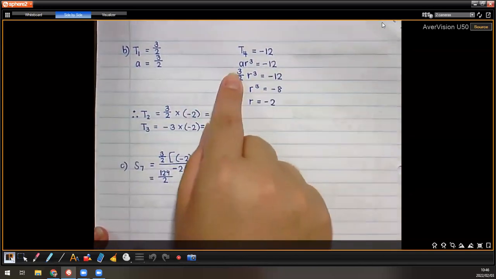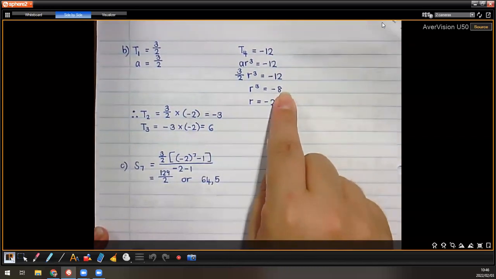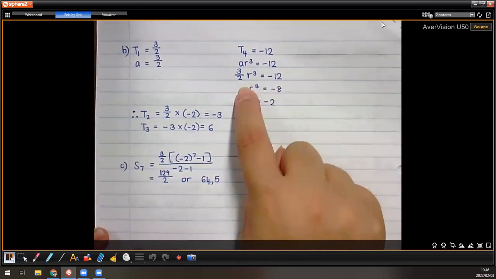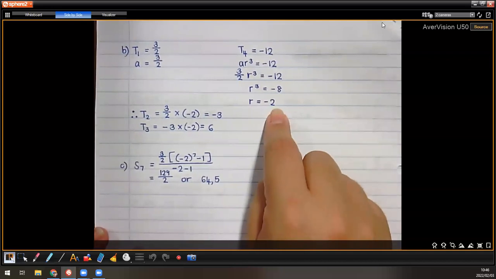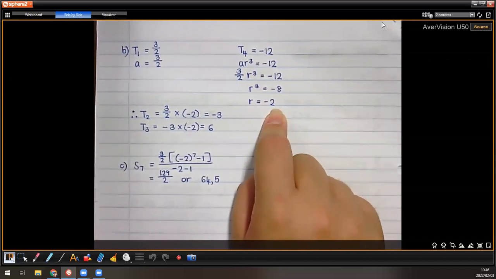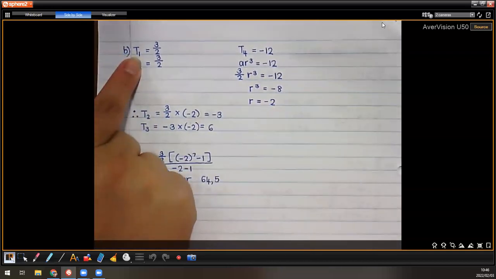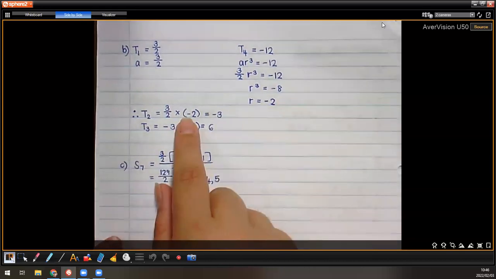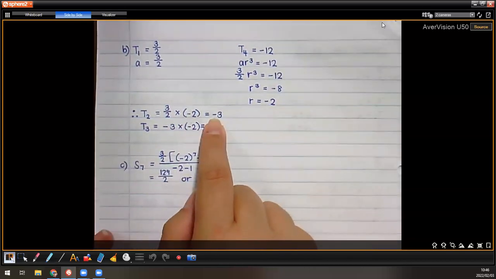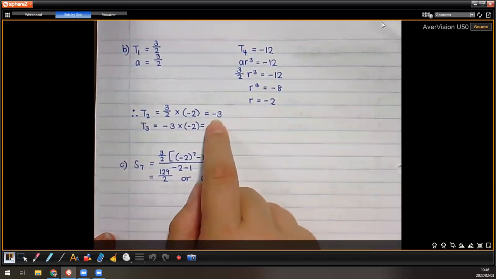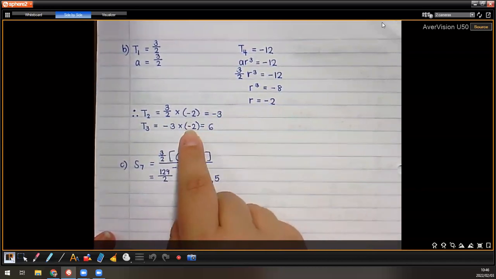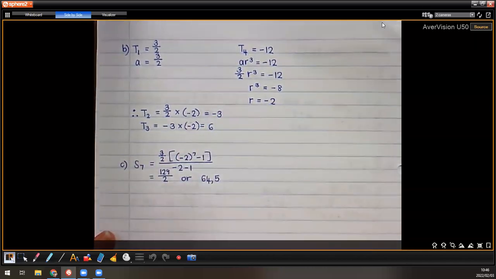If you take negative 12 divided by 3 over 2, you get negative 8. So then the cube root of negative 8 is just negative 2. Okay, so then to find term 2, you have to take term 1 times the ratio. That will give you term 2. And then to get the next term, you need to take term 2 times the ratio again, which will give you term 3.